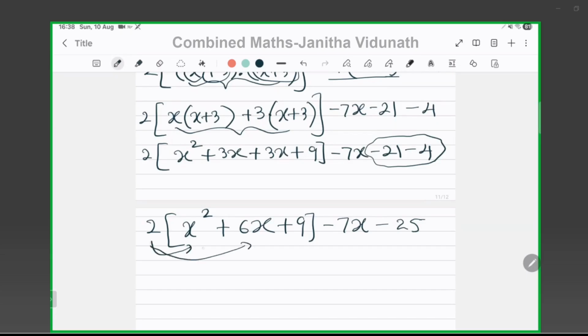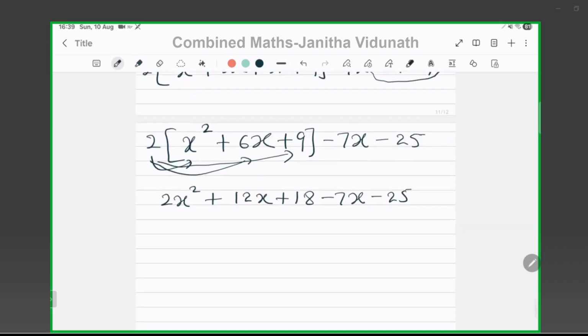Simplifying this bracket, we get 2x square plus 12x plus 18 minus 7x minus 25. Then we get 2x square. We can add these two terms: 12x minus 7x is plus 5x.